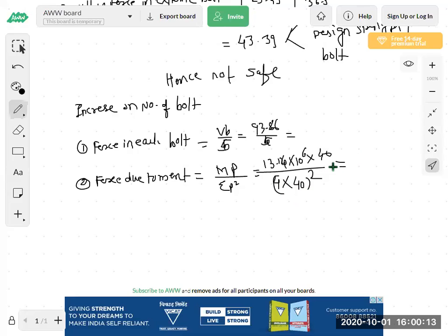Tell me answers. किती वेळ लागतोय? 18.77 kilonewton. 18.77. And this 20.53.